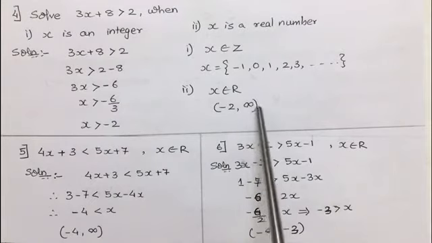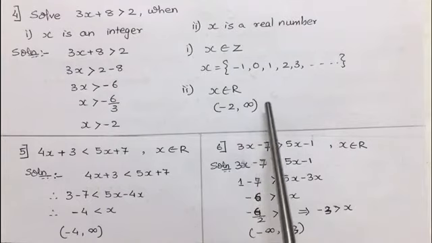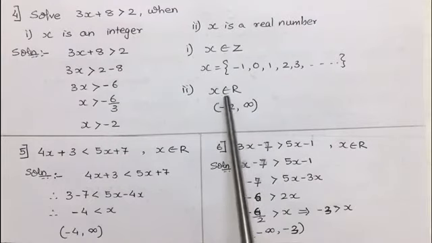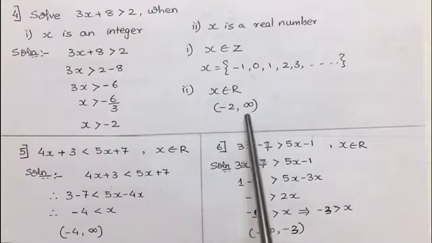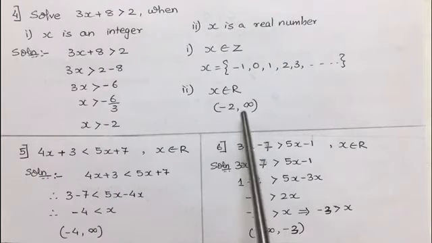Towards the sign of infinity, we always have to keep an open interval. Whenever it belongs to real numbers, we need to express it in the form of an interval, because real numbers consist of irrational, rational, integers and natural numbers. Hence we have to express it in terms of intervals.